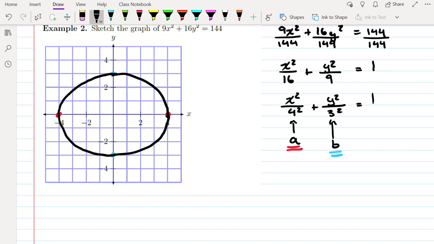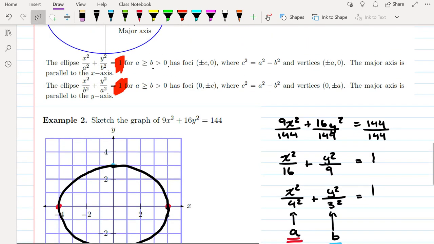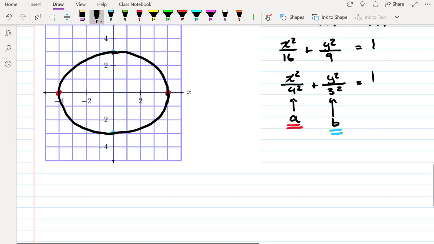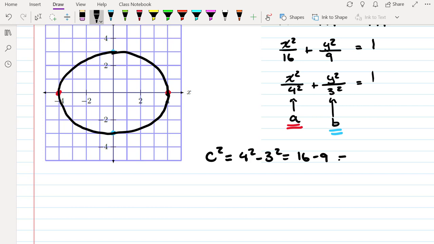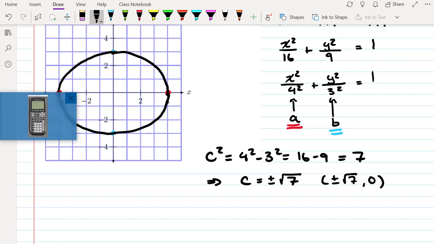So now we need to find the foci, and according to this, c squared is equal to a squared minus b squared. So c squared is equal to 4 squared minus 3 squared, which is 16 minus 9, which gives us 7. So c is equal to plus or minus the square root of 7. So our two foci are at plus or minus the square root of 7, and 0.